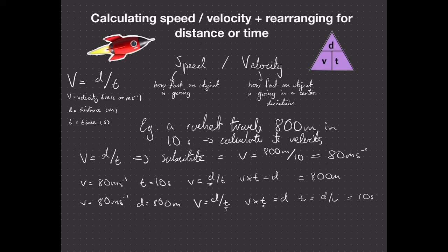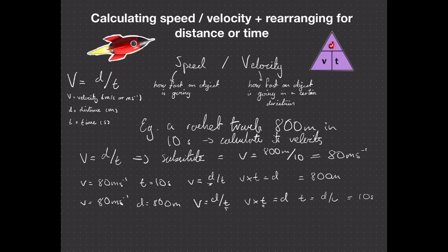So you're going to cover whatever you're looking for in the triangle. If I'm looking for velocity, I would cover my v, usually with a thumb, and I can see that my v equals d over t, as we have in our normal equation. Next, we're going to look for distance.